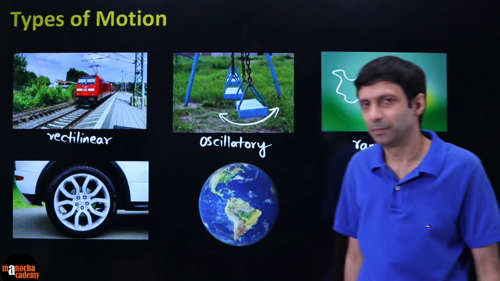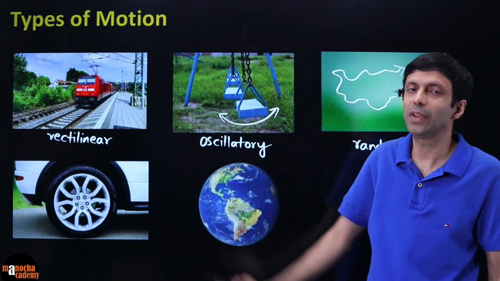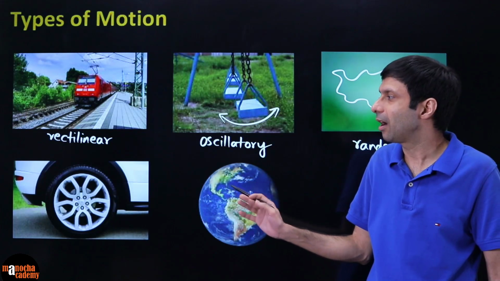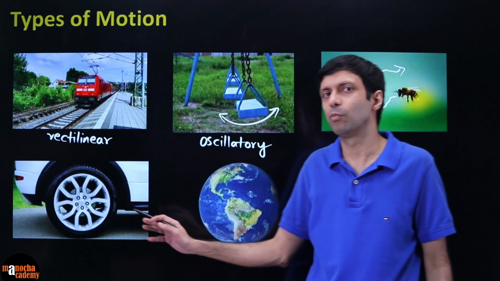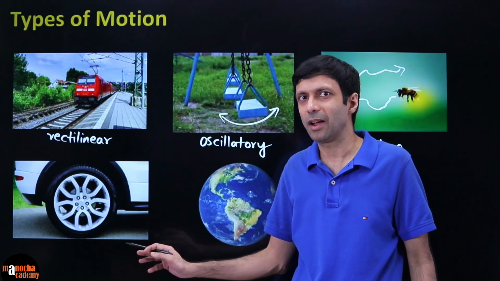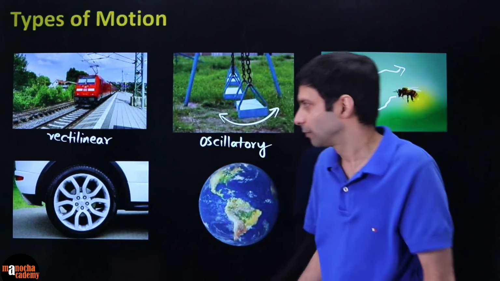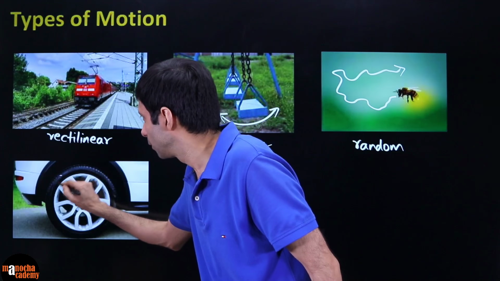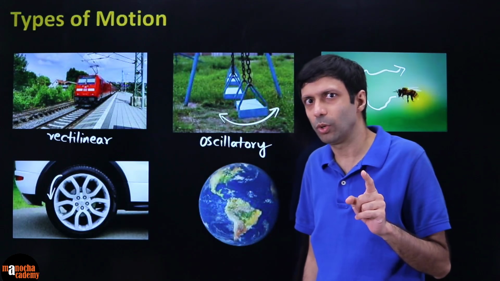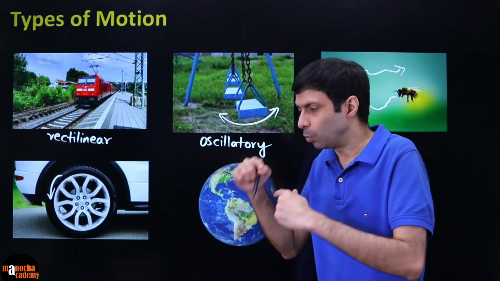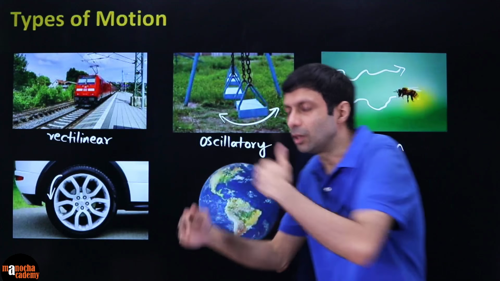What about this wheel? Let's say right now the wheel looks stationary, but when the car is moving, what is the type of motion of the wheel? So when the car is moving, we obviously know the wheel rotates. So there is a rotation involved. But is rotation the only motion? The wheel not only rotates, the wheel moves ahead as well.